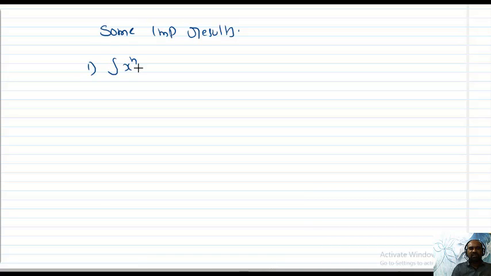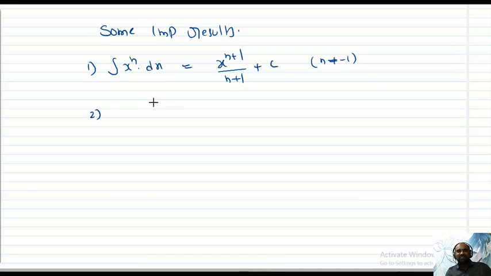Integration of x power n dx, I can say, is x power n plus 1 by n plus 1 plus some constant. C stands for an arbitrary constant only. Only one condition, n is not equal to minus 1. We just need to accept these results. Okay. Integration of 1 by x dx is accepted as logarithm of mod x plus c.